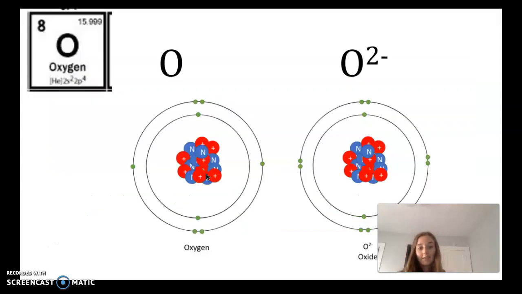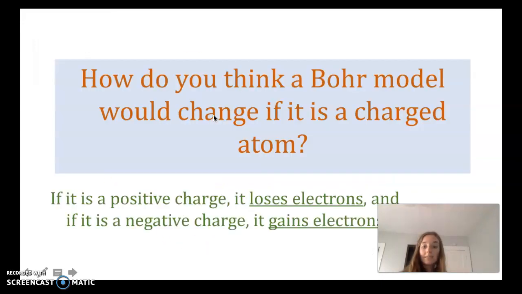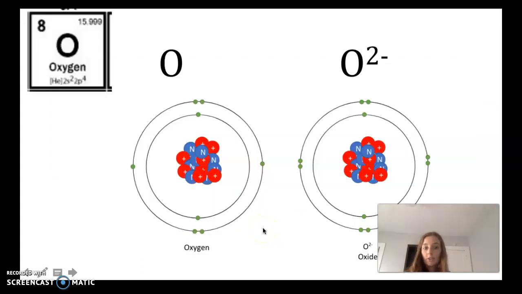So if I looked at oxygen, for example, I draw my original Bohr model, which would have 8 protons and 8 neutrons in the center, 8 electrons around. And then if it's a negative charge, it gains electrons. So this one's going to have to gain 2 electrons because it's a negative 2 charge.